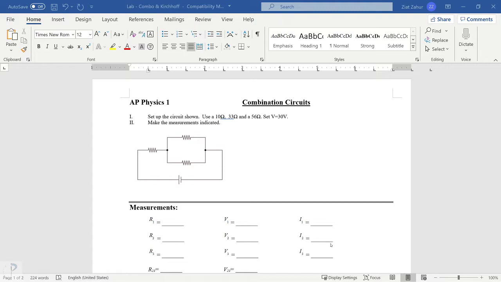Make note of the changes to the values, and just update your file. And then open up the DC kit from Phet.